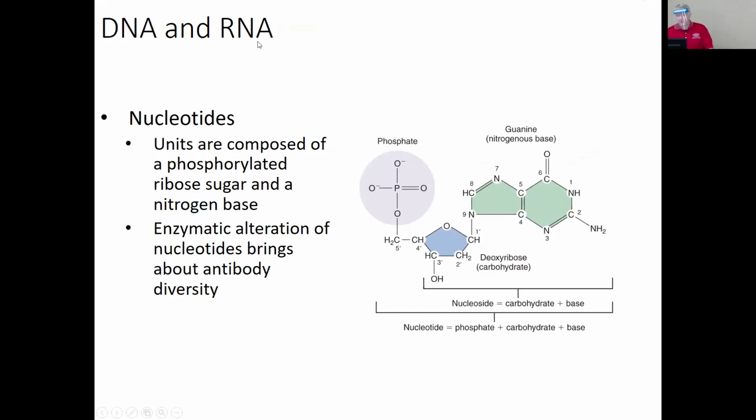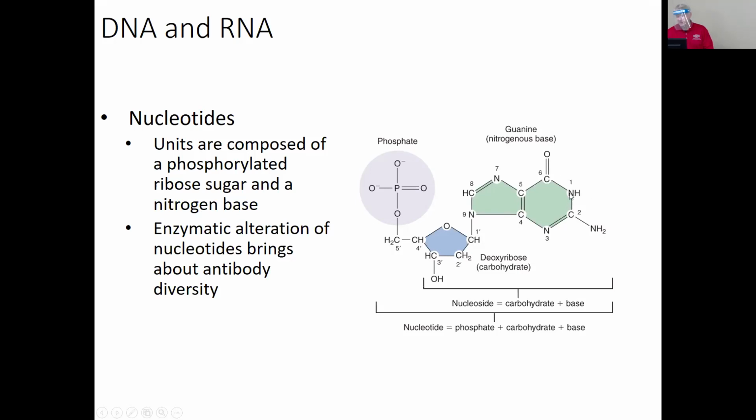So DNA and RNA both have nucleotides, and this is how we set these up. So you have a phosphate group and a deoxyribose here for this is DNA, right? So you have a carbohydrate, you have your phosphate, and then you have your amine of the base. So they're nitrogenous bases.